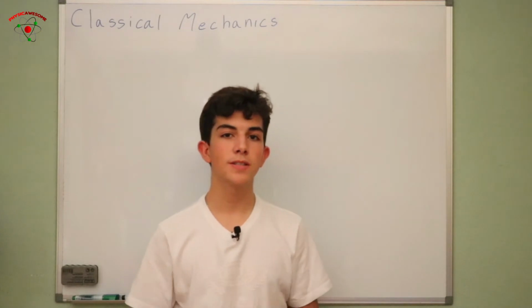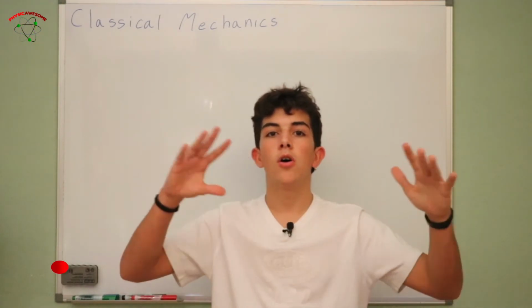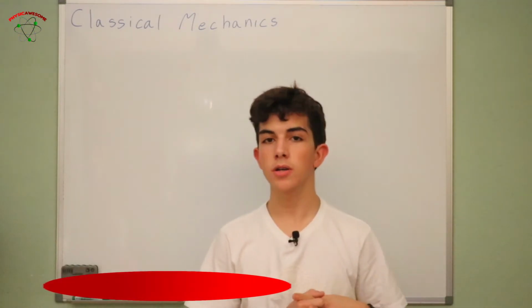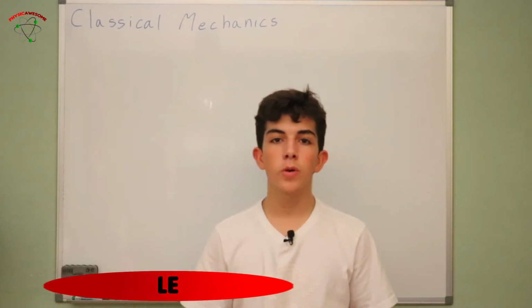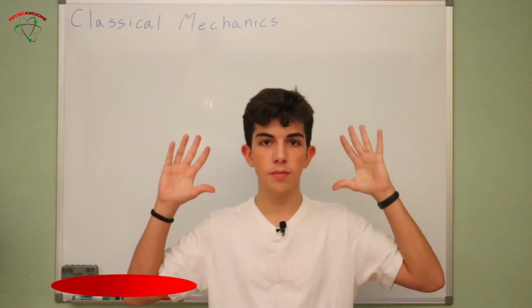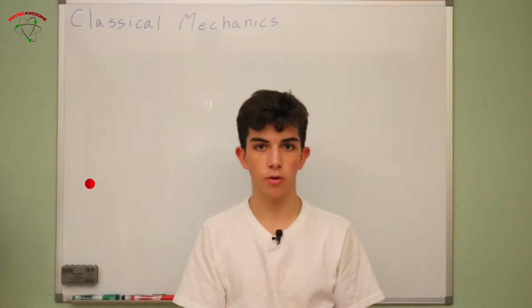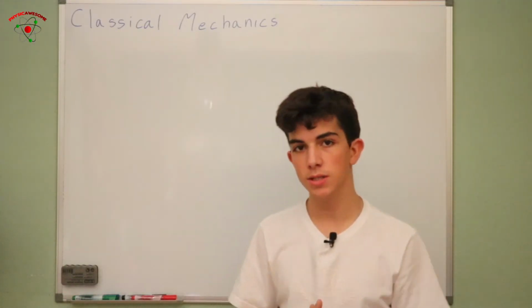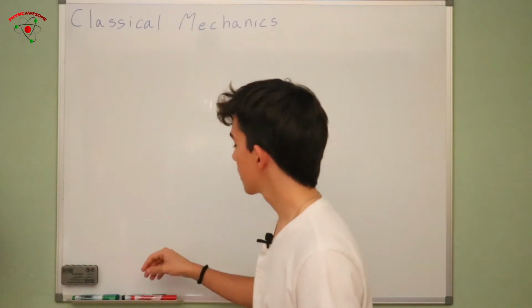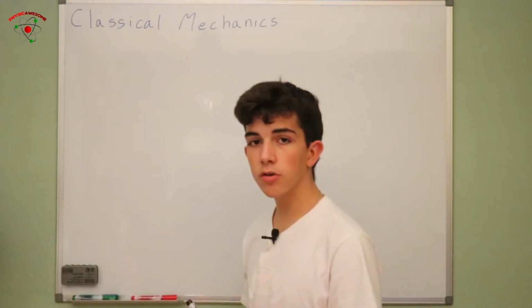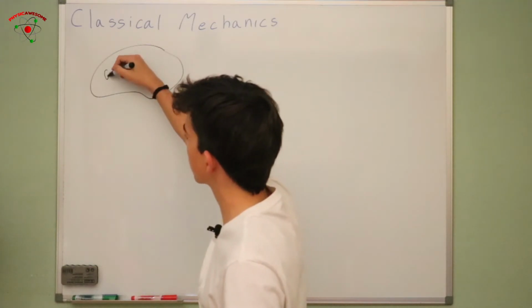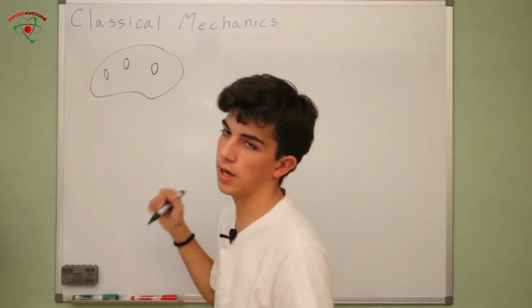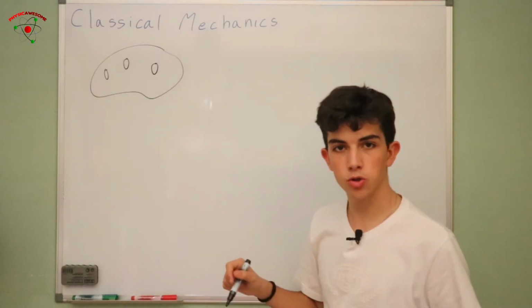Now we'll reach the climax of all of our multi-particle system videos, to this point in which we will generalize our system to a point particle. We will make both systems equivalent. In general, we had this system, this blob of particles with particle 1, j, n, 3, n minus 1.